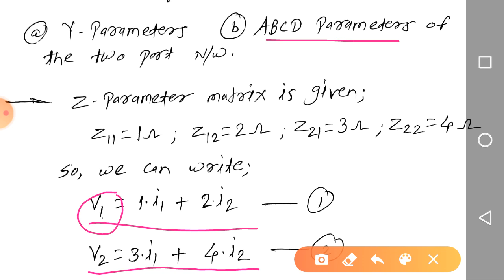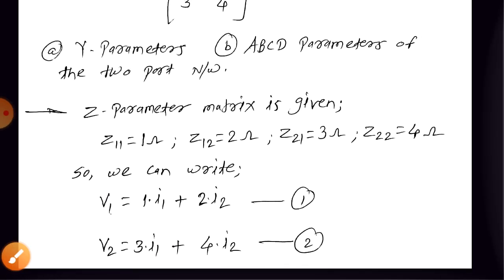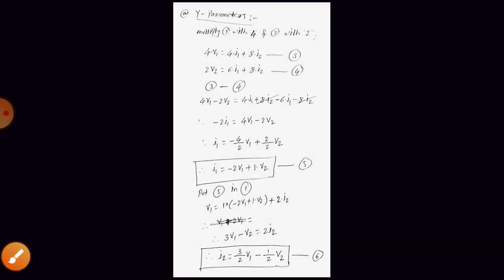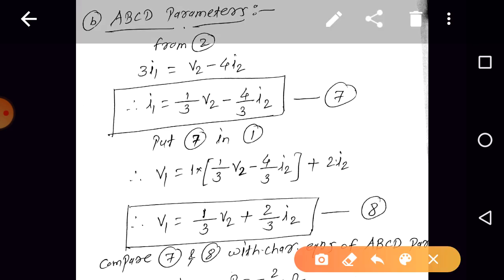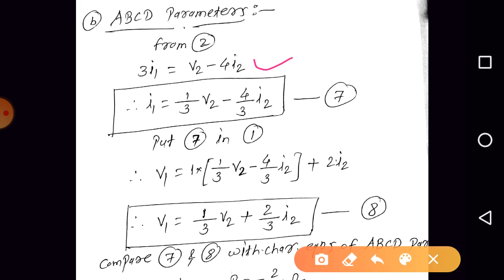So from equation 2, can we write the equation for I1 in terms of V2 and I2? Yes, 3 I1 is equal to V2 minus 4 I2. So I1 is equal to 1 by 3 V2 minus 4 by 3 I2. This is equation 7.